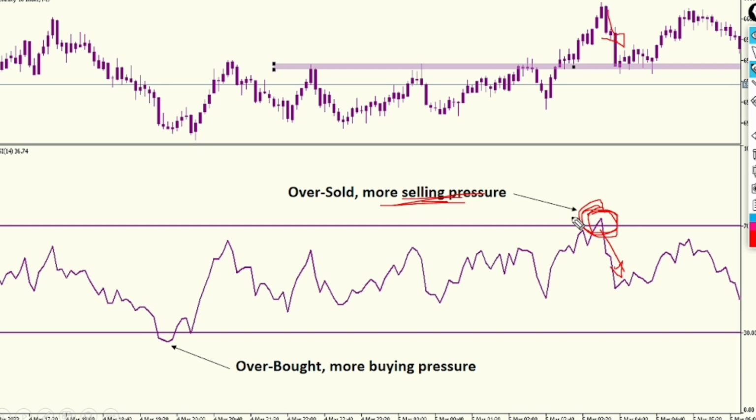The market is still looking to go up. And if the market goes below the oversold, there's more selling pressure. The market has been selling very heavily in that period of time, right? But for some reason, people want to buy and sell with the oversold.